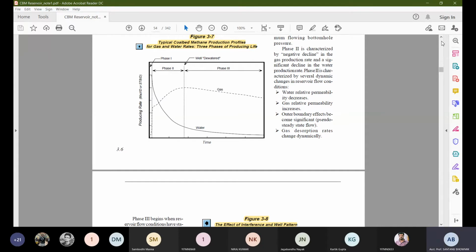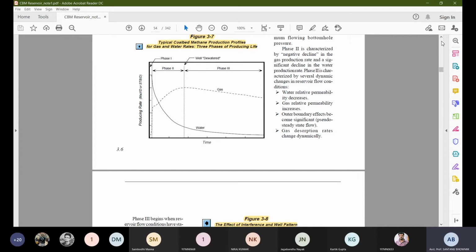Easy to understand? So if in a simple CBM reservoir you put 3 boreholes, the production graphs of the 3 boreholes will not be exactly the same. They may be of the same nature. There may be a possibility that all the water and gas production graphs are more or less the same graph, but they may not be of the same magnitude and the same time frame.